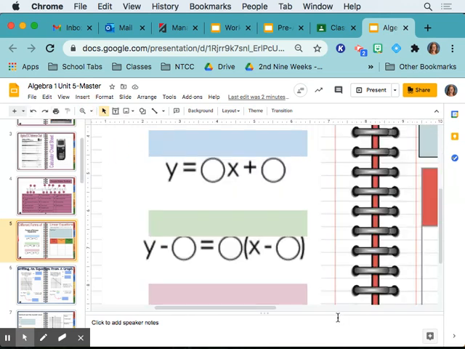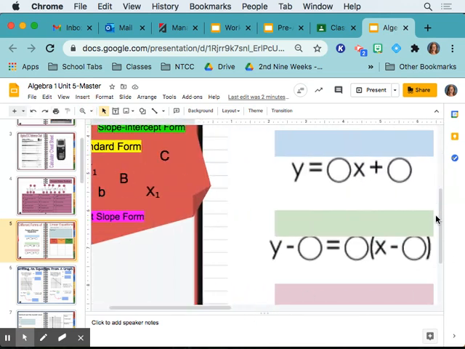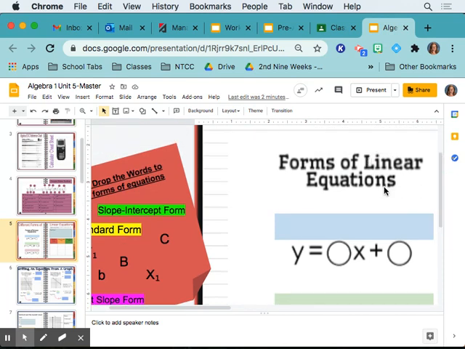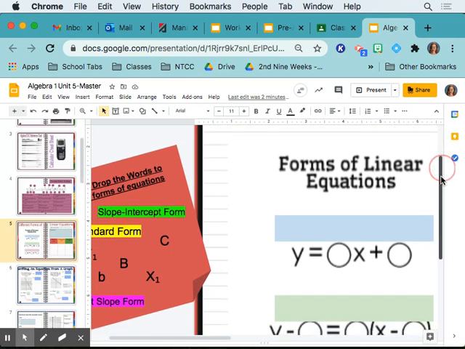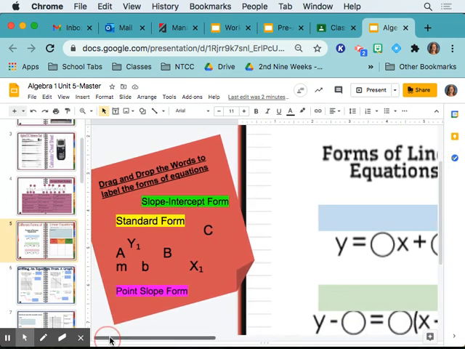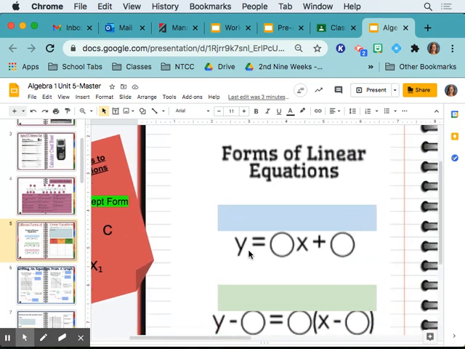I'm going to zoom into 100. Forms of linear equations. Over to the side, it says drag and drop the words to label the forms of equations. We have slope-intercept form, standard form, point-slope form. So let's look at this first one.